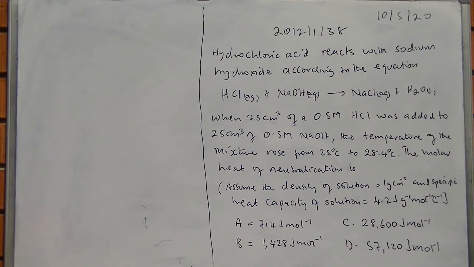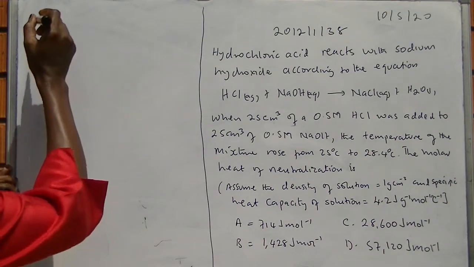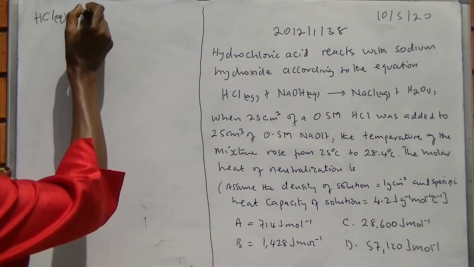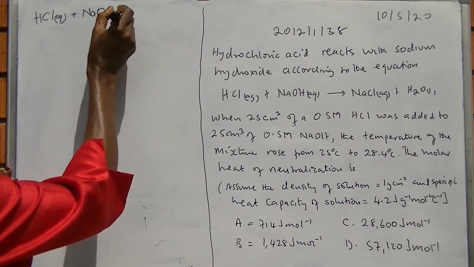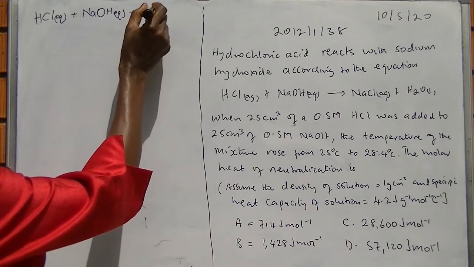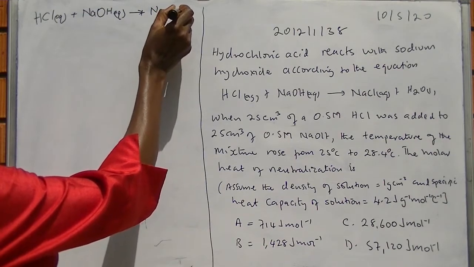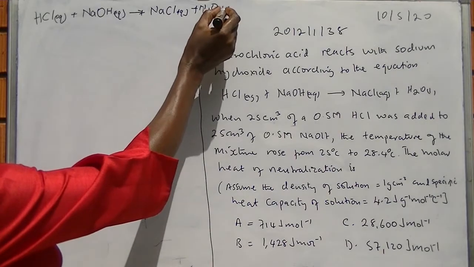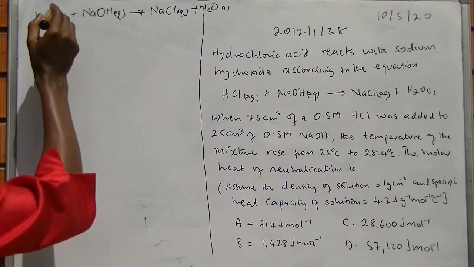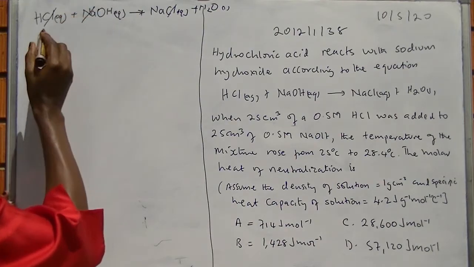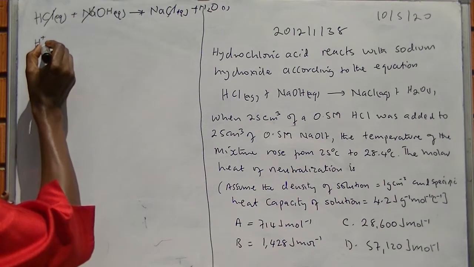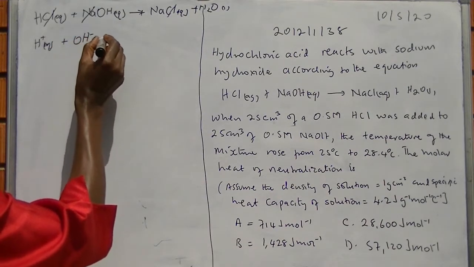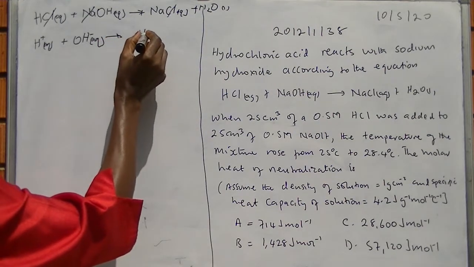So when we look at our neutralization reaction, hydrochloric acid reacting with the sodium hydroxide to produce sodium chloride and water. If I write the ionic equation, I cancel those that are similar on both sides. So I remain with my hydrogen ions plus hydroxyl ions to give us water.